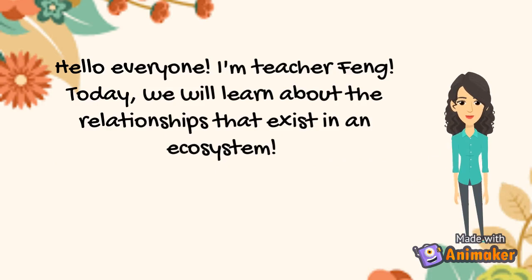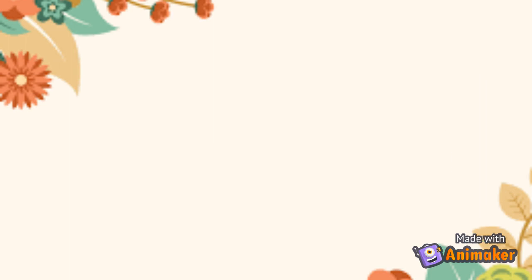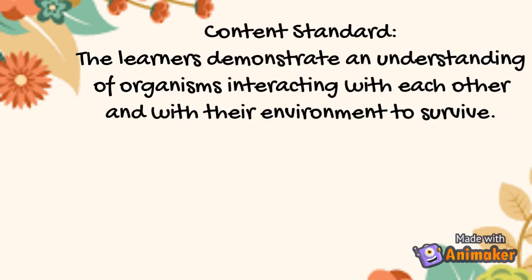Today we will learn about the different ecological relationships that exist in an ecosystem. The following are our objectives for today's lesson. Content standard. The learners demonstrate an understanding of organisms interacting with each other and with our environment to survive.